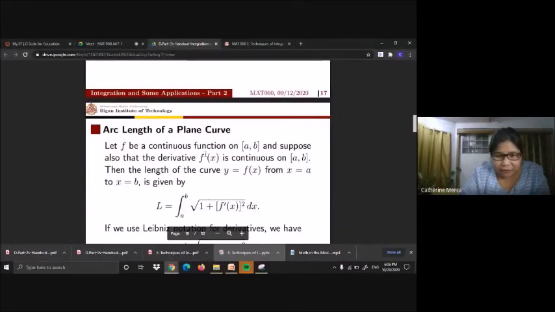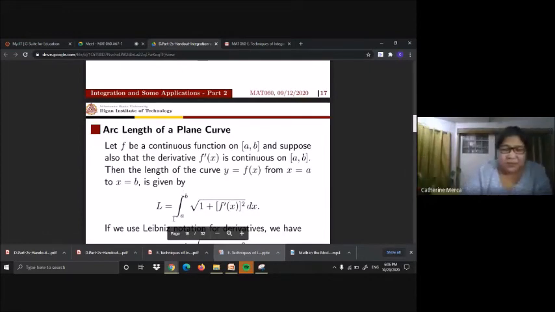Meaning to say, given a function, take the derivative of the function, square the derivative, add 1, then take the square root, then integrate it. Okay? So that is the meaning of this formula. When you're asked to find the length of arc of a plane curve, as long as you're given the function and it is continuous, and you can take the derivative, suppose the derivative f prime is continuous on AB, then you take the derivative, you square the derivative, you add 1, take the square root, and then take the integral.